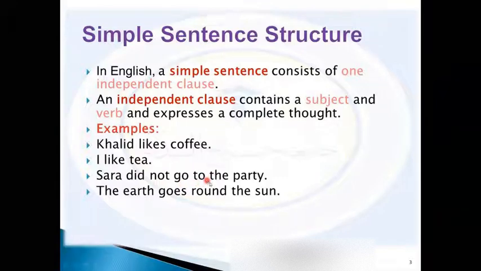To go where? To go to the party. This is a prepositional phrase which tells us about some place, which means it's an adverbial in English. So these are the forms of simple sentences, and they mainly include an independent clause.